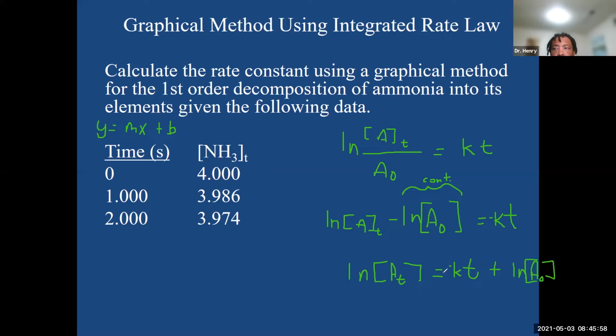Our minus k is going to represent our m, this is going to represent our b, and the ln A_t is going to represent our y. Are you with me? Okay, so we can plot it, right?